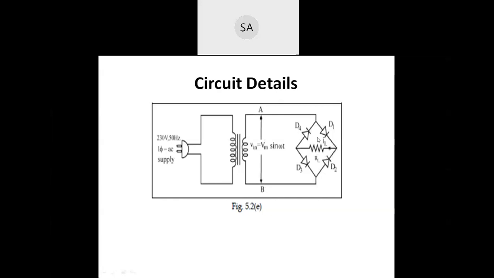Similarly, when A is negative, the same operation occurs for D1 and D3. Hence, the peak inverse voltage of each diode is equal to the maximum secondary voltage. So what is the maximum secondary voltage here? It is Vm only. So the peak inverse voltage of the bridge full wave rectifier is Vm only.